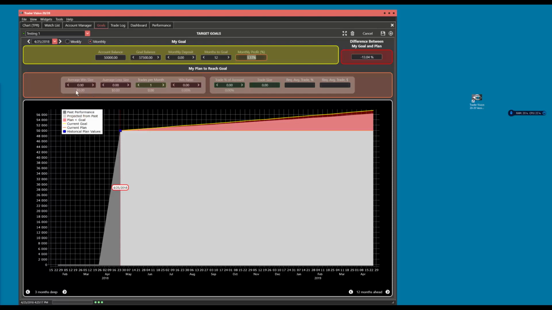After you have some trading history, you will see these bottom numbers down here in the plan section tell you what your history has been in terms of your average win size, your average loss size, trades per month, and your win ratio, or what percentage of your trades do you win. To start with, let's just put in some numbers realistically. So on a $50,000 account, at most, let's do 5%.